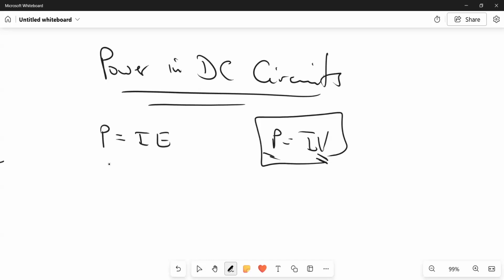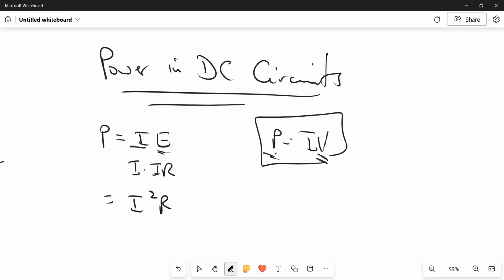And an alternative to that, because remember E is also equal to IR, right? So E is IR, so if I substitute it back here, you get P equal to I squared R, right? So power is measured by the current and the electromotive force.